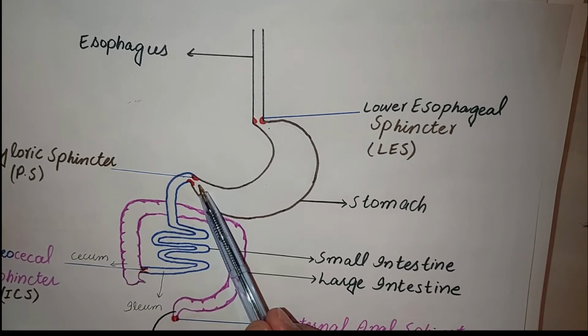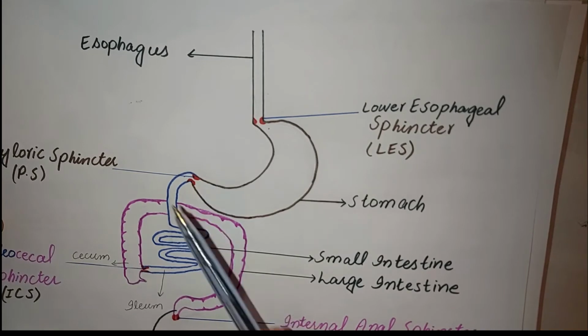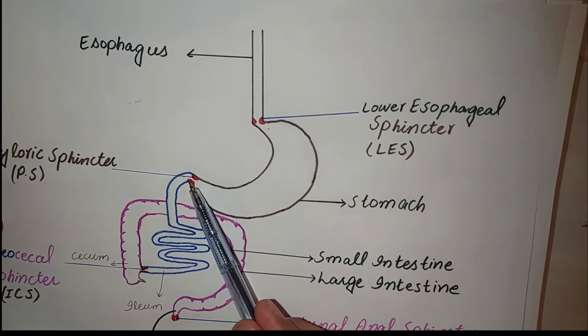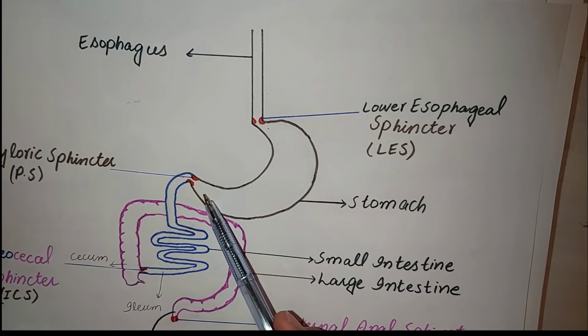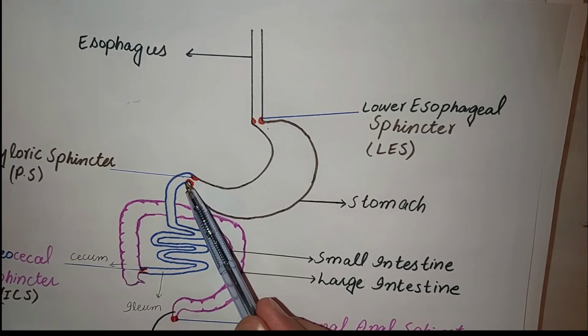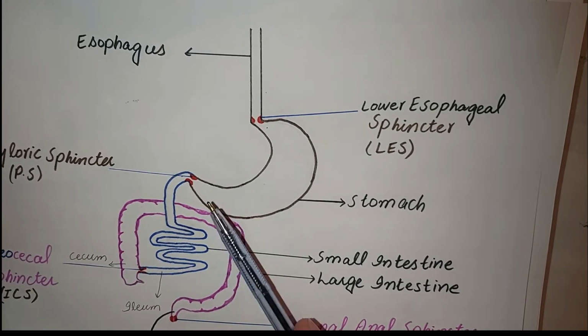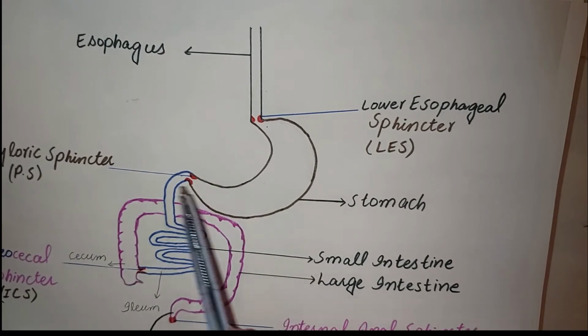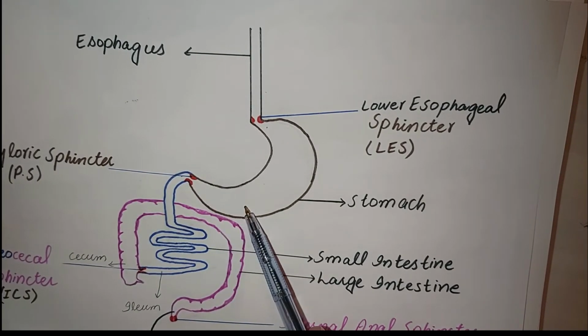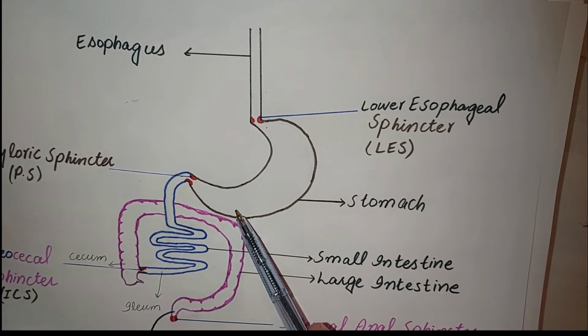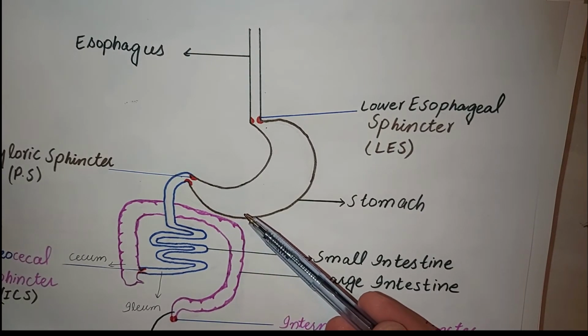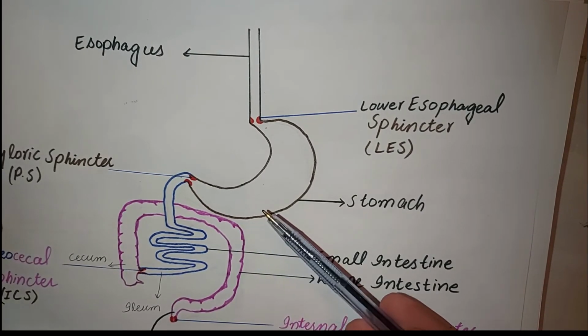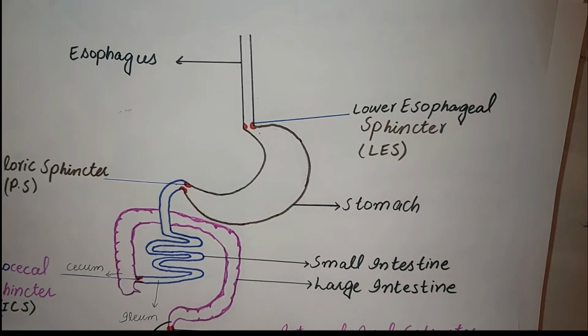It constricts the emptying of gastric juice. It prevents the gastric juice from moving outward from the stomach, and it also helps the food remain in the stomach for a long time for its breakdown.